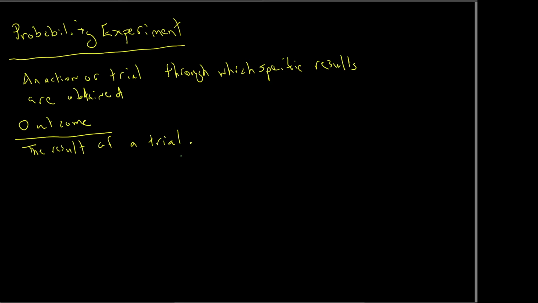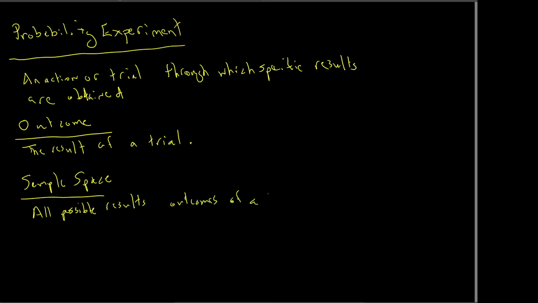Now, if we take all the outcomes that can happen, all possibilities, that gets called a sample space. And sample space is the thing we'll be working with a lot. And that is all possible results, outcomes of a trial.